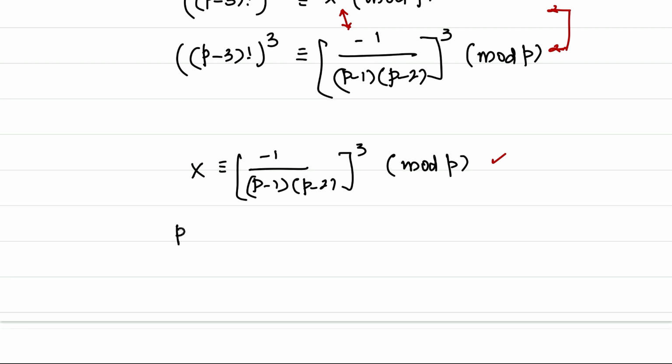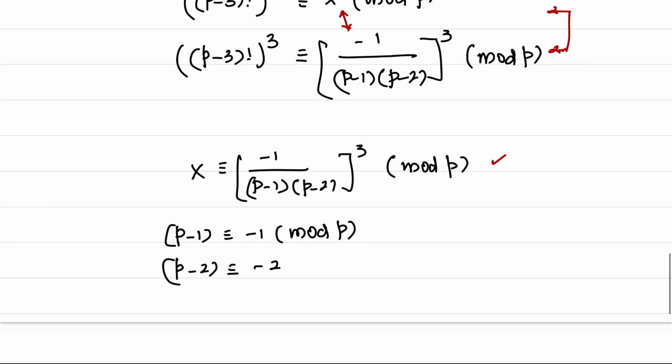P minus 1 equivalent to minus 1 mod P, P minus 2 equivalent to minus 2 mod P. You just see, we are only writing that P is divisible by P. These both mean P is divisible by P. That's all.